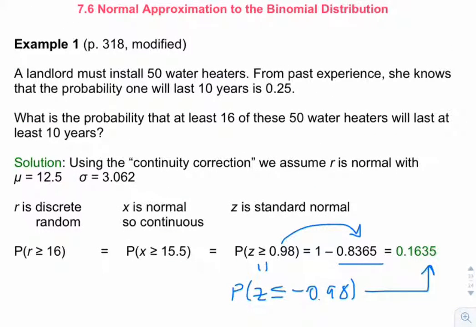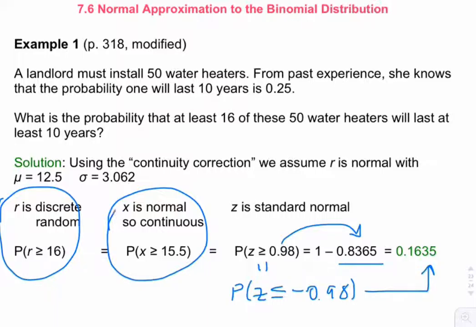So there we have it. We have completed this example, and we started with a discrete random variable r. Because we knew NP and NQ were greater than 5, we could change r to a continuous variable. This was our continuity correction.